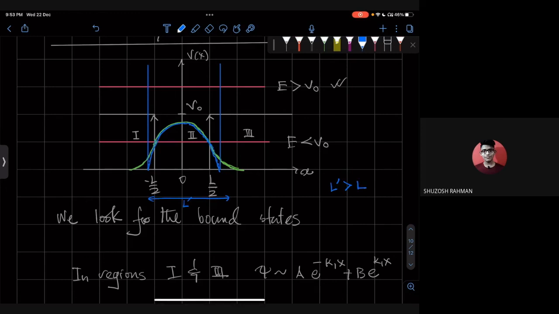Which is the real size of the finite box that we have. But you see that for the particle in a box, we found that the energy is proportional to one over L squared, right?